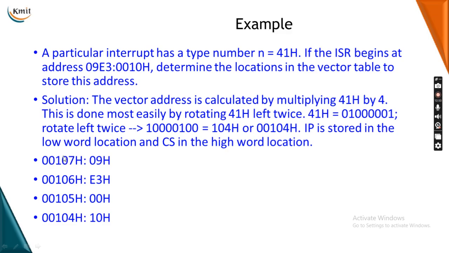So these are stored as low byte first, then high byte, then again low byte and high byte in the next address. So this is how the interrupt service routine addresses will be stored, or you can calculate the actual vector address.